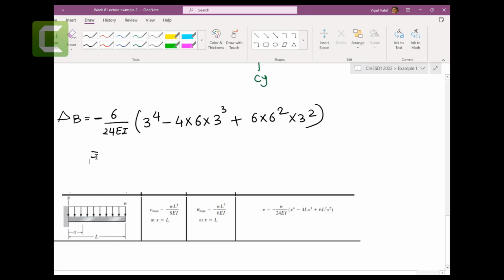Right? So in that case, let me get this: 3 to the power 4, take away 4 times 6 times 3 to the power 3, plus 6 times 6 squared plus 3 squared.